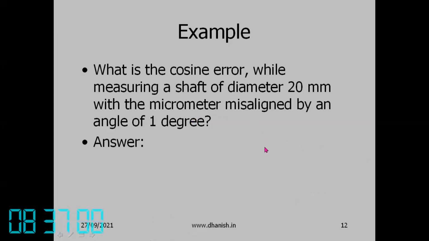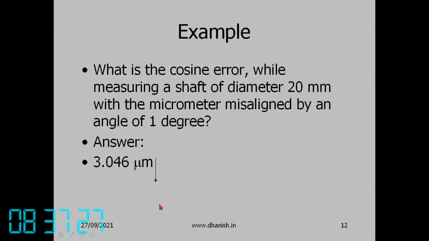So simple substitution in the previous formula, E equal to L minus L cos theta, and after solving we get cosine error as 3.046 microns.